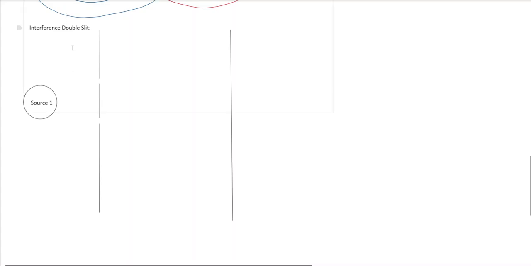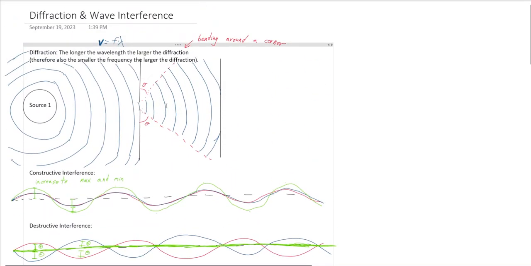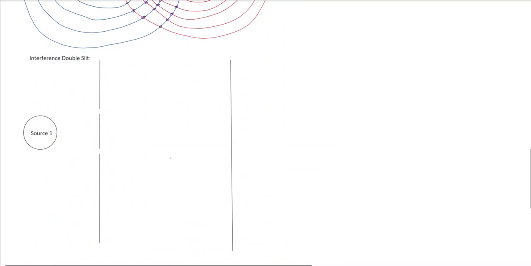What about an interference pattern with a double slit experiment? So now you think about the diffraction that we had earlier, right? And now you also think about it with one source. Now, this one source should cause one type of wave to hit, right?